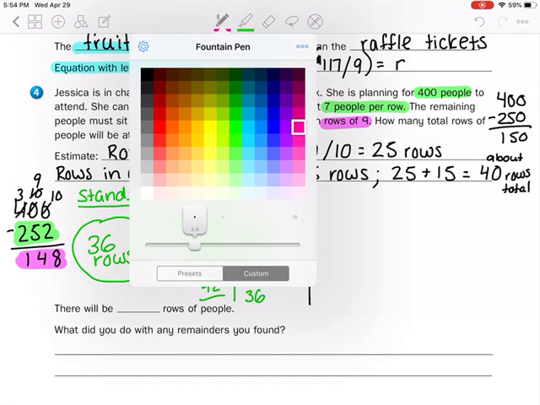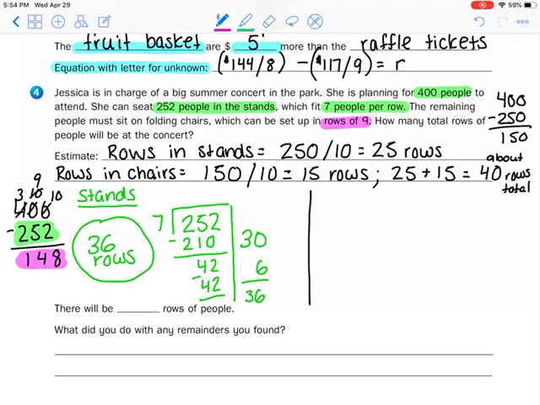Okay, we figured out that the folding chairs are for the remainder of the people. So she already sat 252 in the stands out of the 400. That's where we got that 148. So now she could fit 9 people in each row, and she has 148 people. So you have to divide. So I'm going to do 9 times 10, which will get me kind of close, get me to 90. 148, I have to make this 14, and this is 0.